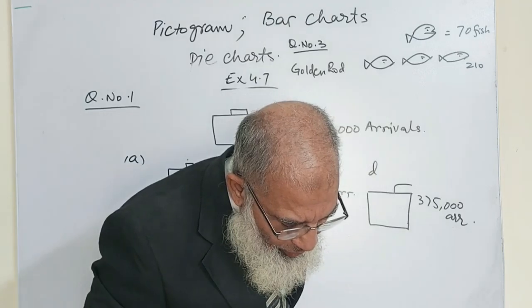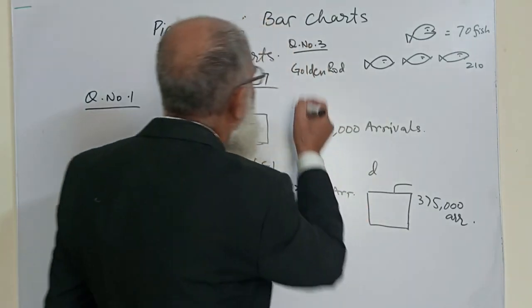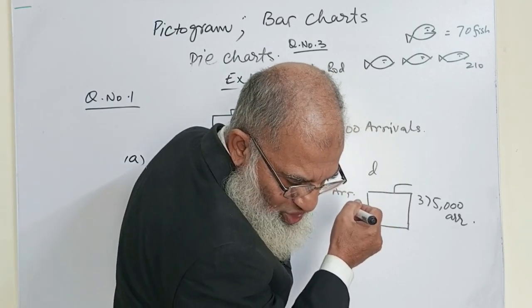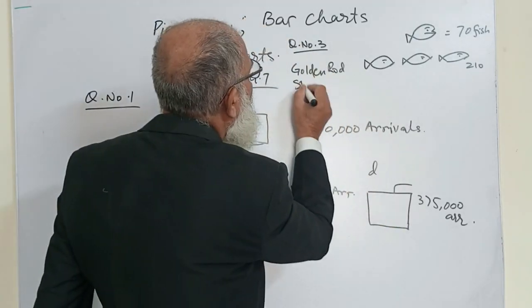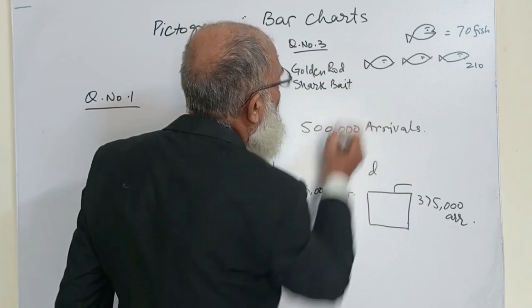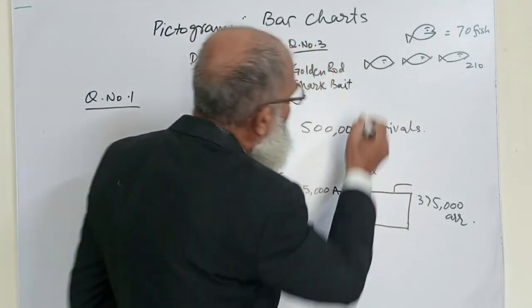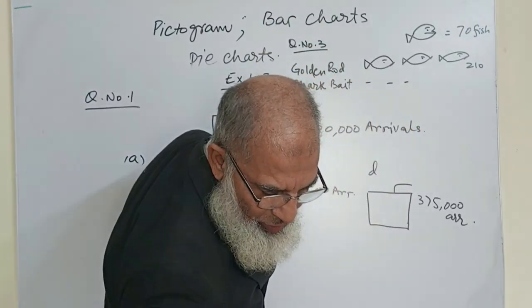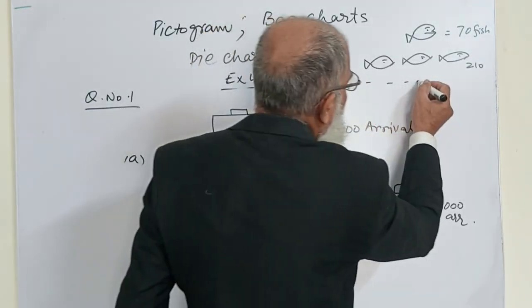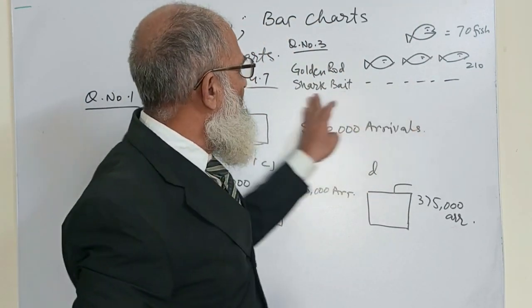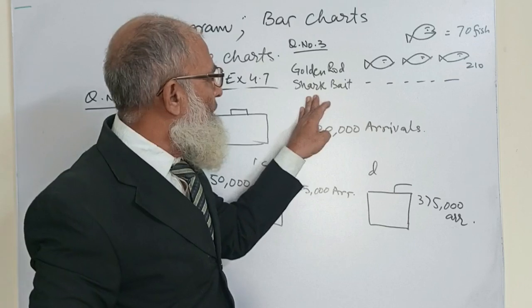Now there are two, one, two, three, four, five. Sharp bait. Let me make it sharp bait. One, two, three, four, five, six. Now there are six fish which we can catch with sharp bait.